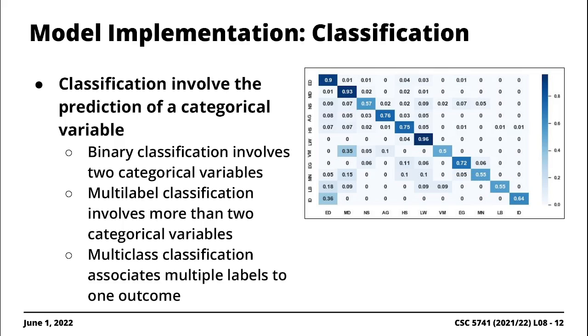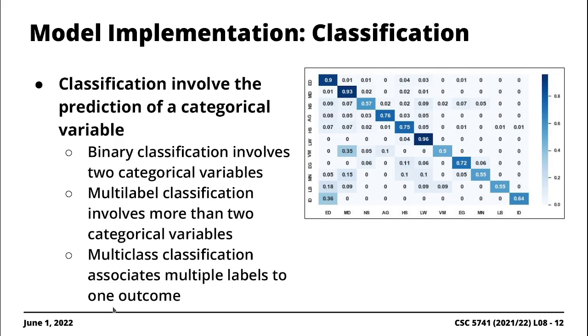Whereas multi-class classification involves predicting or classifying more than two categorical values. Sorry, these are supposed to be alternated here. So multi-class classification involves predicting more than two categorical variables, so A plus, B, and so on.